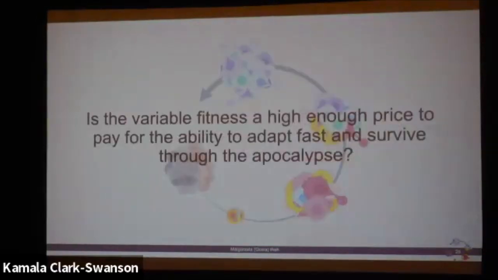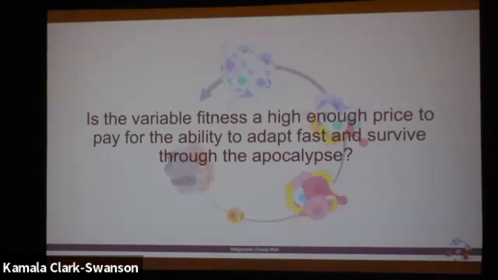But I want to end here and leave you with this particular question. Sure, we have now learned that cells having high mutation rates can adapt to overcome treatment very fast, and they can overcome potential threats. But they do have very variable fitness, and they have lower fitness than cells with lower mutation rates.